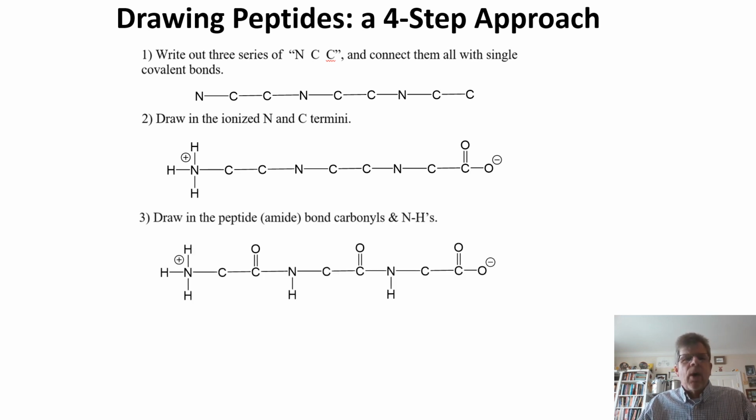Third step. Wherever there is considered an amide bond, we have to exemplify that. So we're going to draw the amide carbonyls right here and the NHs on all of our, in this case, there's going to be 2 of them, amide bonds. The amide bonds between the individual amino acids.